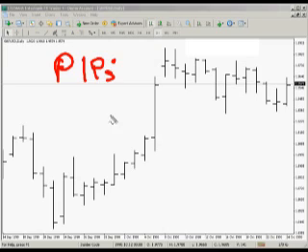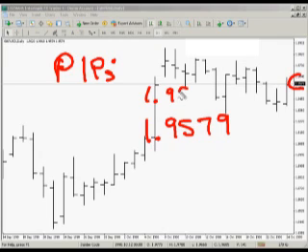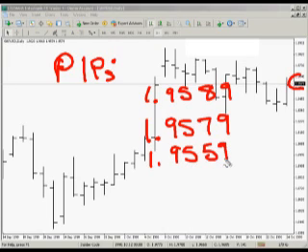So, let's look at price. If something is moving from 1.9579, if it moves up 10 pips, then it's going to go to 1.9589, 10 pips. If it moves, let's say, down by 20 pips, 1.9559.